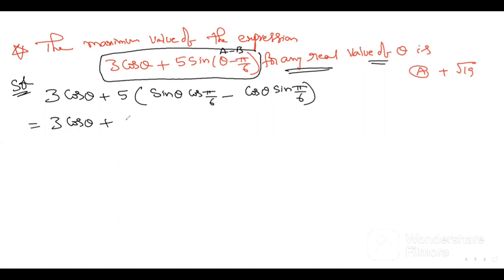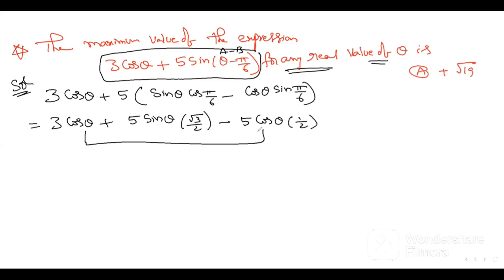Here 5 multiplied to all, what we get? 5 sin theta into cos 30 value, how much value? Root 3 by 2. Minus 5 into cos theta into sin 30, here 1 by 2. Here 3 cos theta minus 5 cos theta by 2, it will become 3 minus 5 by 2 is 1 by 2. So half cos theta plus here 5 root 3 by 2 sin theta.